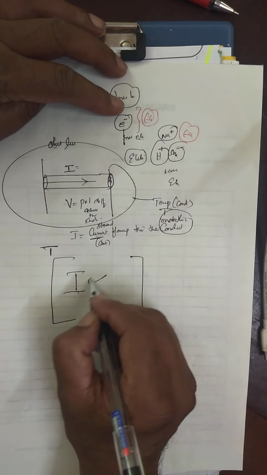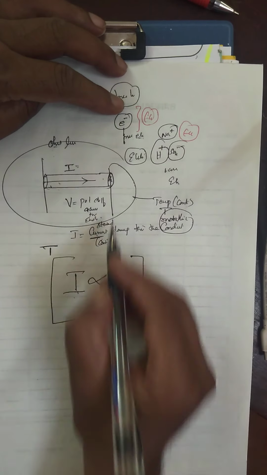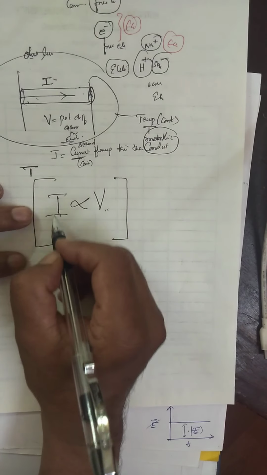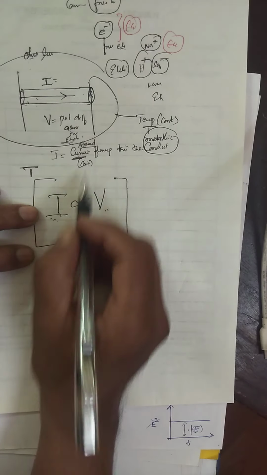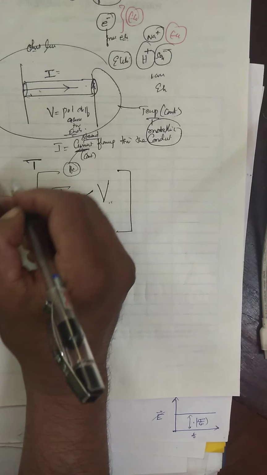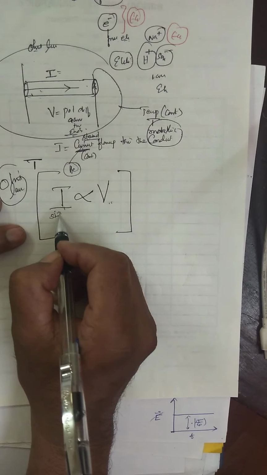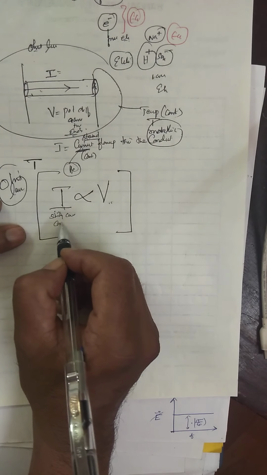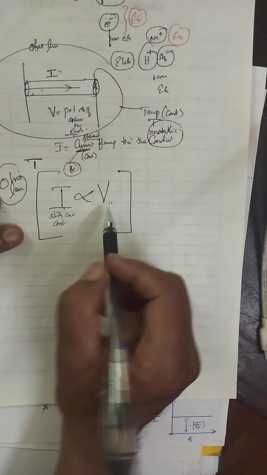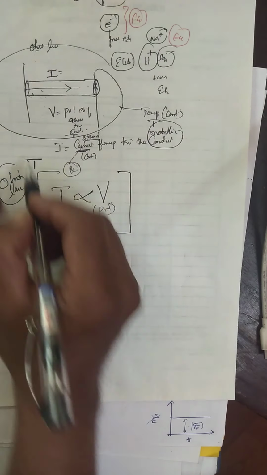The current through a metallic conductor is directly proportional to the potential difference between the ends of the conductor. This is important: a steady current, don't write it generally, as alternating current may also be there. You have to be very, very careful. Statement of Ohm's law: steady or constant current flowing through a metallic conductor is directly proportional to the potential difference between the ends of the conductor at constant temperature.